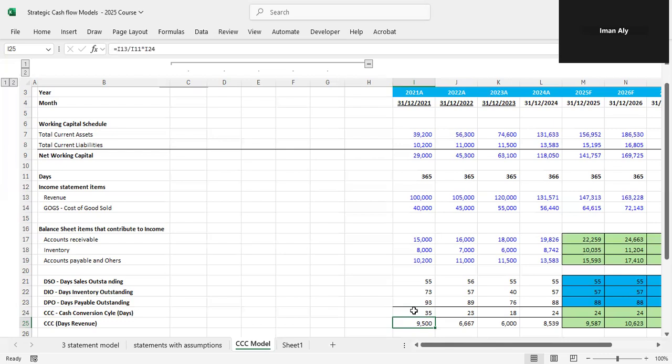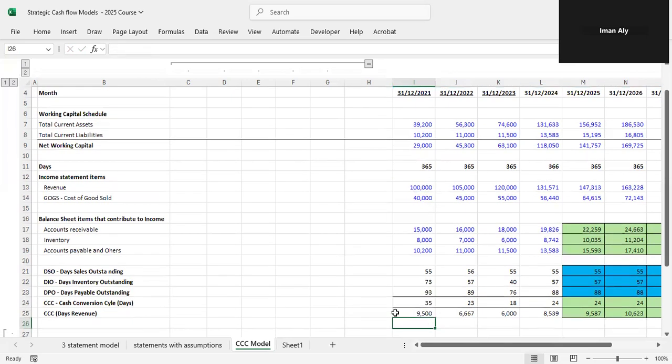So what is the formula that shows the CCC in revenue? You take the revenue from the income statement, divide by the whole year, which is 365 days, and then multiply by the CCC days, which is 35 days. So it tells you the portion of money lying within the 35 days out of 100,000 revenue for a whole year.